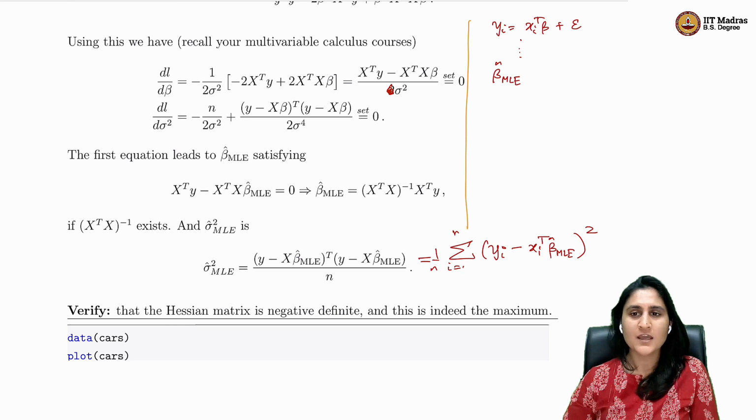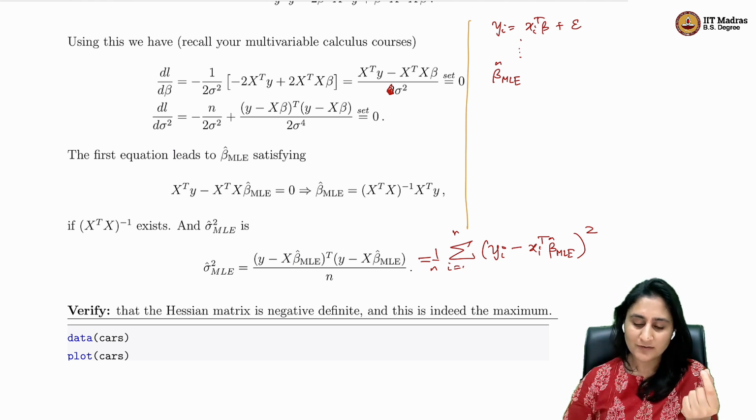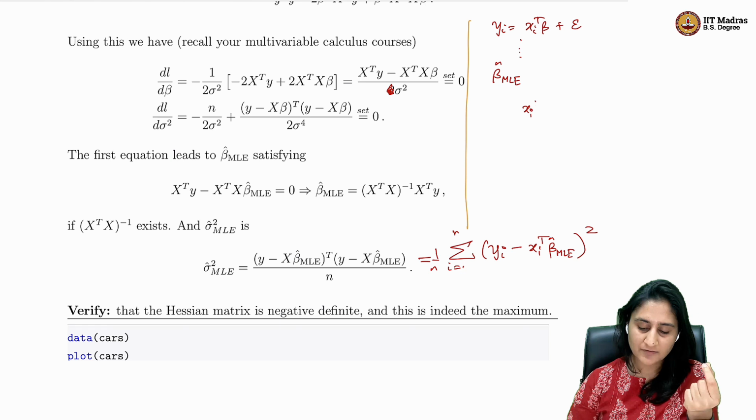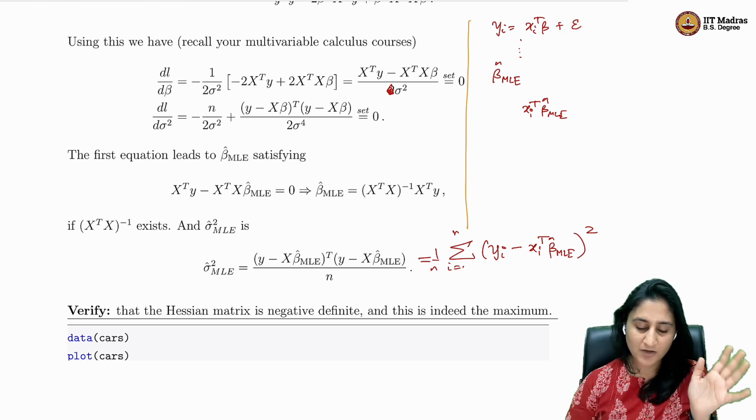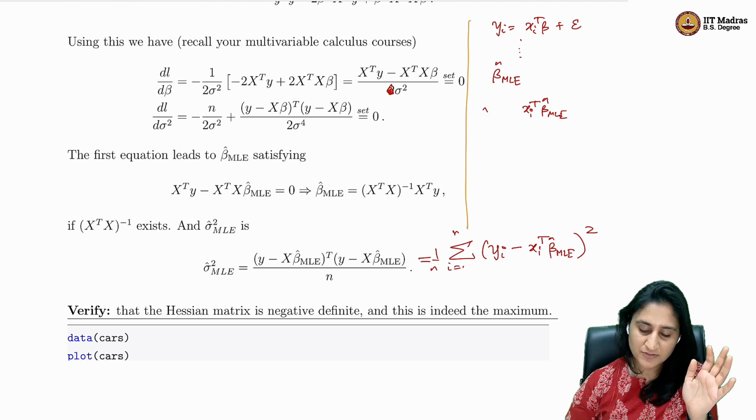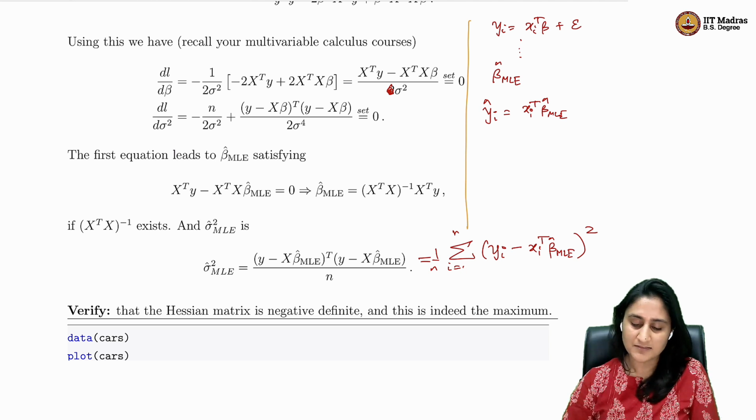Now you go, okay, what do I do with this? And what you do is for any xi, you can find out xi transpose beta hat MLE, right? So you take your beta hat MLE and you plug it in here. But you plug it in because you never know what the errors are. So the errors go away, right? You can't say anything about the errors. And so essentially your yi hat, hat implying an estimate, is xi transpose beta hat MLE, right?